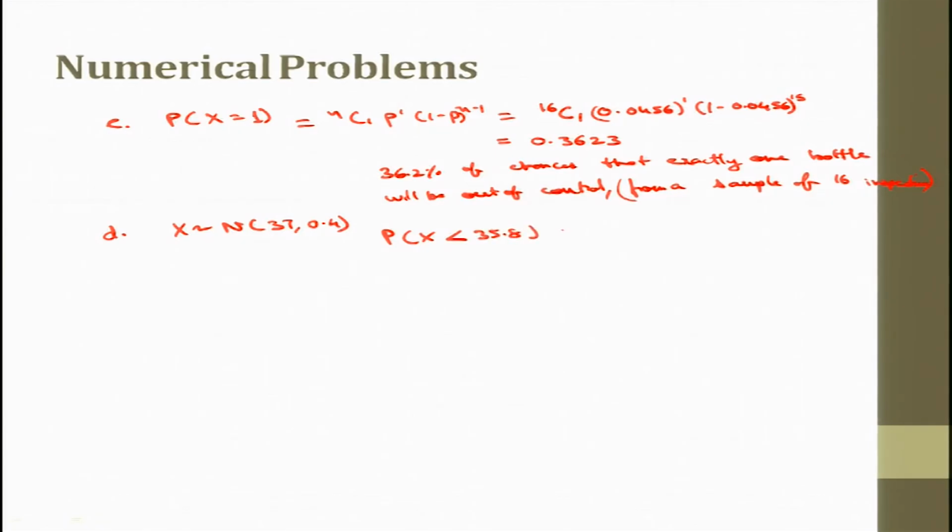35.8 plus the probability of x greater than 36.2. In this case you can see that both the lower and upper bounds, 35.8 and 36.2, are less than the mean value 37. So the upper bound is also lower, and we will be lying somewhere here in the new probability distribution.